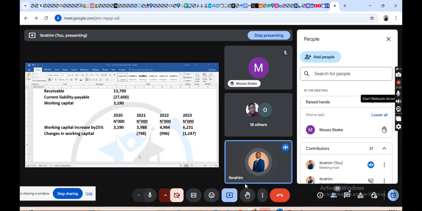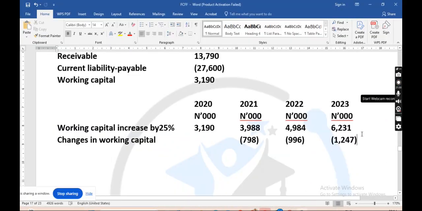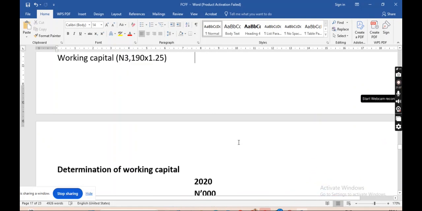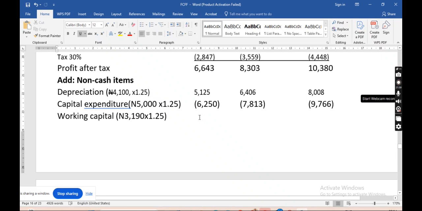The 2020 is assumed to be year zero. So we can quickly copy this part and move it to this side. We've done it already.